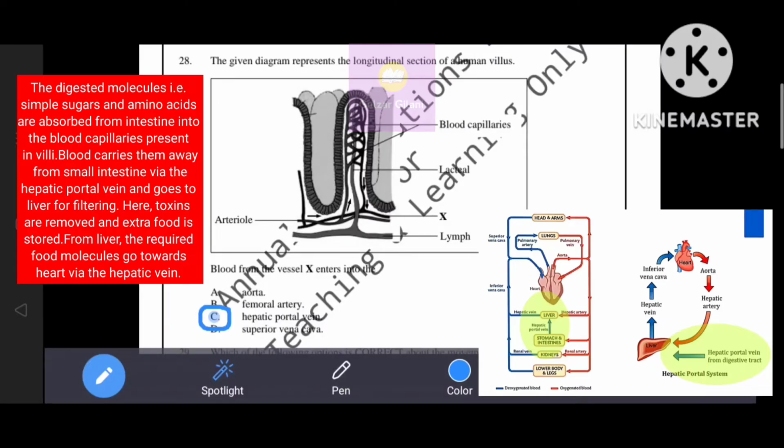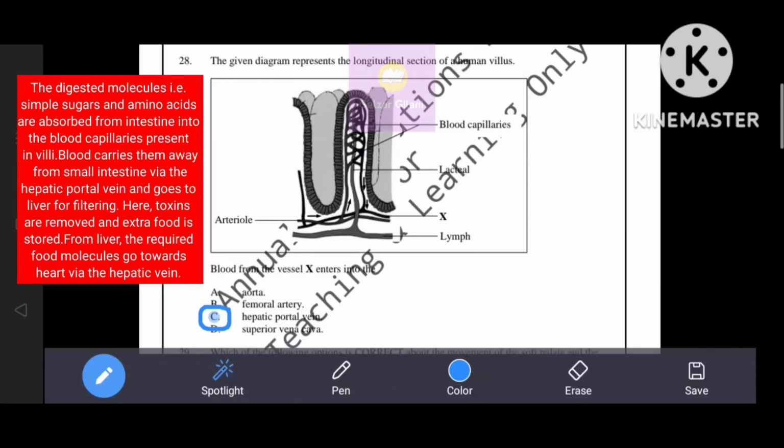Here, toxins are removed and extra food is stored. From liver, the required food molecules go towards heart via the hepatic vein. That's why correct answer is option C, that is hepatic portal vein.